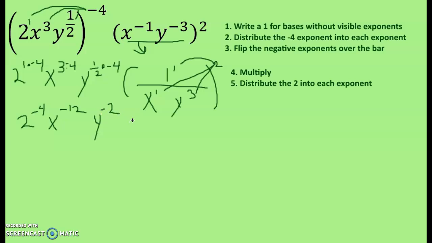And then we have 1 to the second power, 1 times 2, and then x to the 1 times 2, and y to the 3 times 2. Okay, let's simplify these and rewrite them, and flip these over the bar because they're negative.